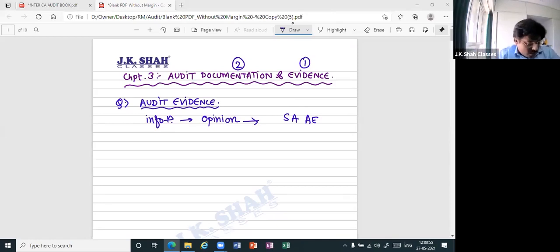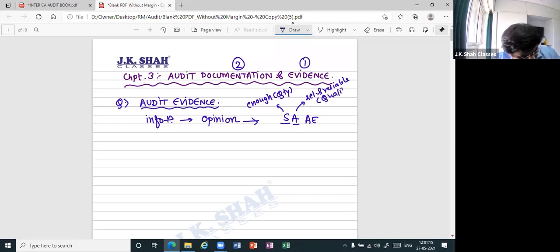Now keep on answering. What do you mean by sufficient? Correct. Can I say it means enough, quantity wise? So when it is enough, you are talking about the quantity of audit evidence. What do you mean by appropriate? Correct. Can I say it is relevant and reliable? So here you are talking about the quantity of audit evidence or quality? Quality.